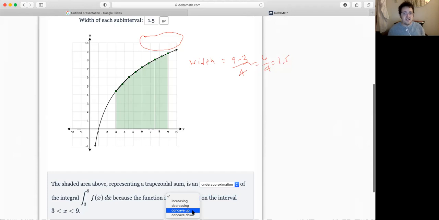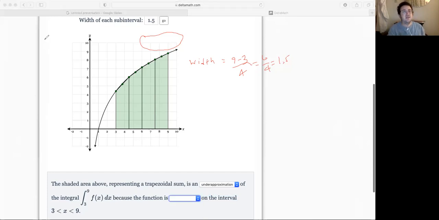If we're looking at each trapezoid, like I'm looking at a trapezoid here, and we're zooming in, if we're concave up, this over approximates, because that's our curve and we shade the area.